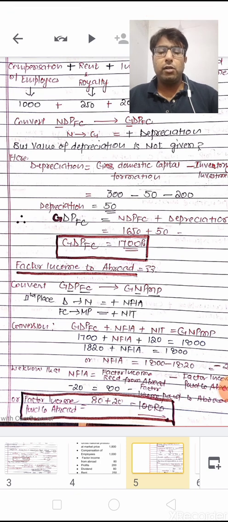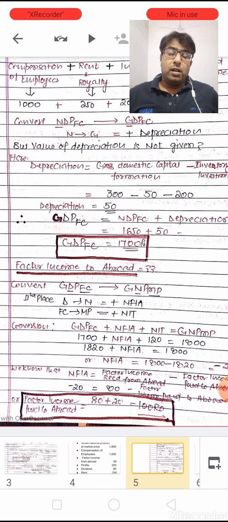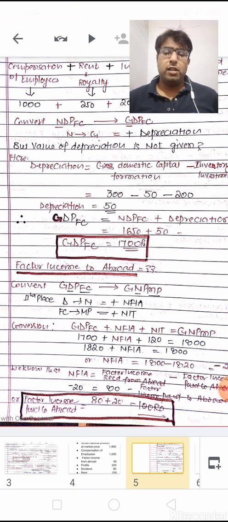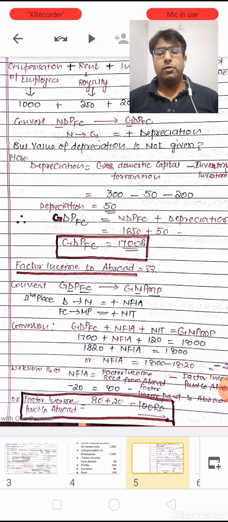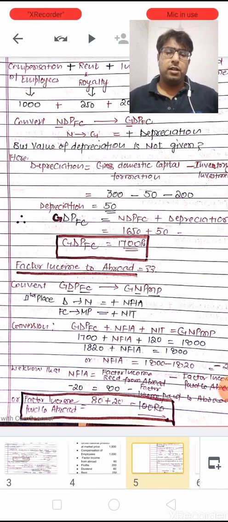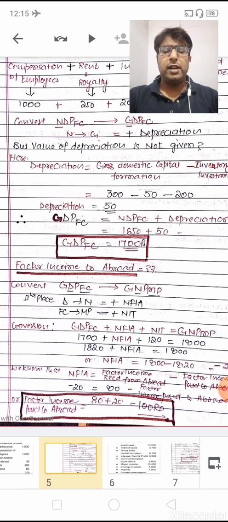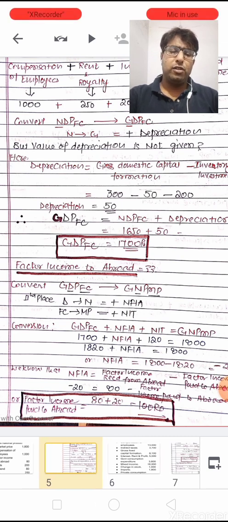We will get the value of factors income paid to abroad. It becomes 100, because minus 20 becomes positive when it moves to the right hand side. So 80 plus 20 becomes 100. So this is the way to find out the factors income paid to abroad.